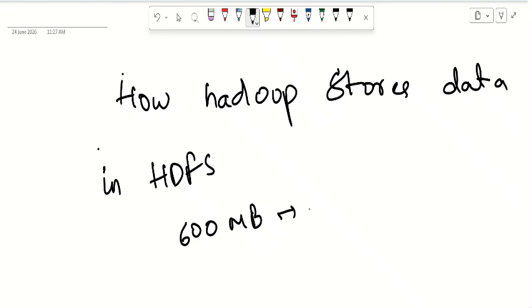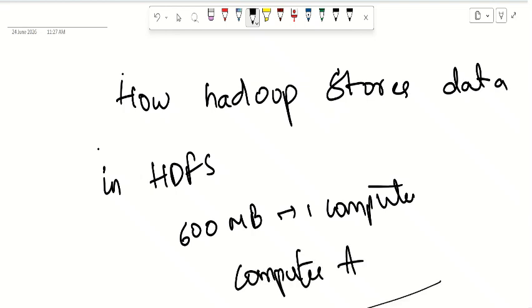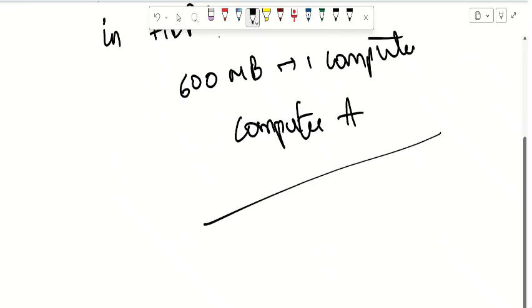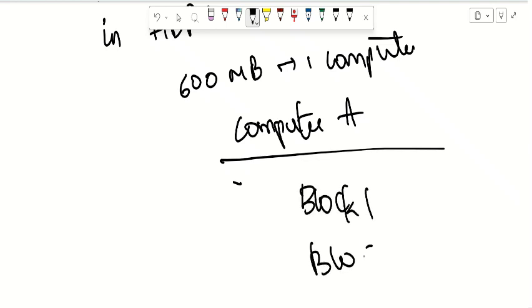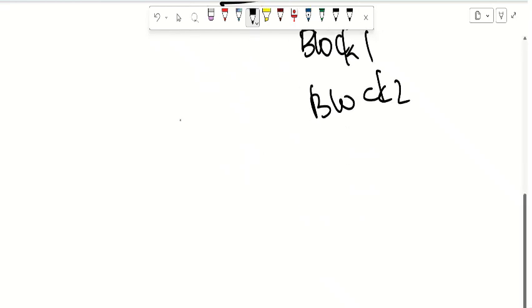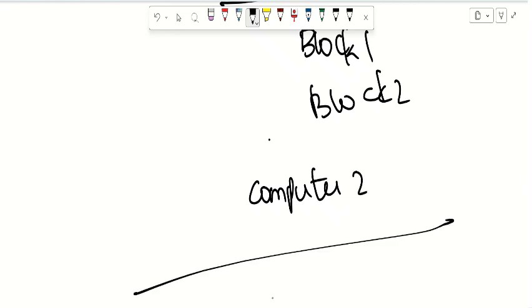Instead of storing it on one computer, computer A holds block 1 and block 2, and computer B holds block 3 and block 4.